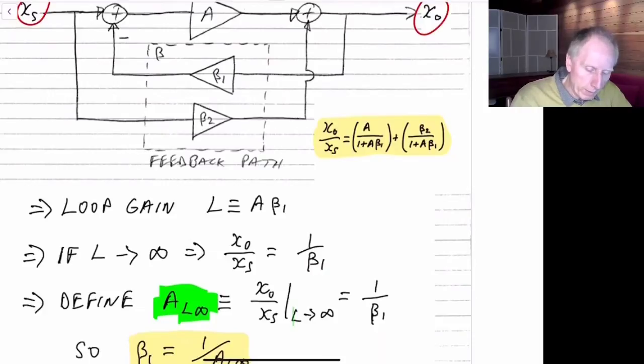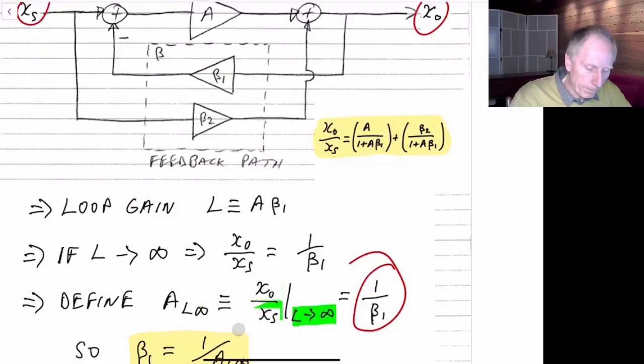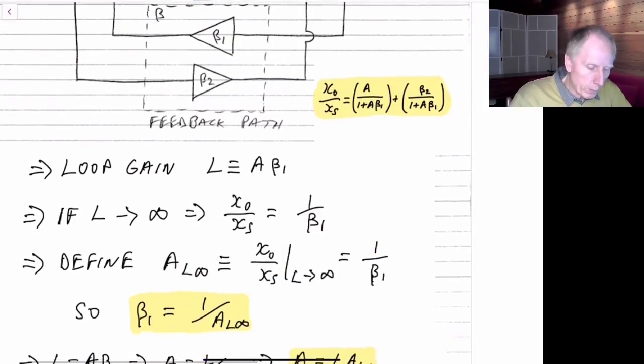So it's the transfer function when L goes to infinity. And as we've just found, that's going to be equal to 1 over beta 1. So we'll define this new term here, A sub L infinity. So from above, we can see then that this beta 1 is just equal to 1 over A sub L infinity.